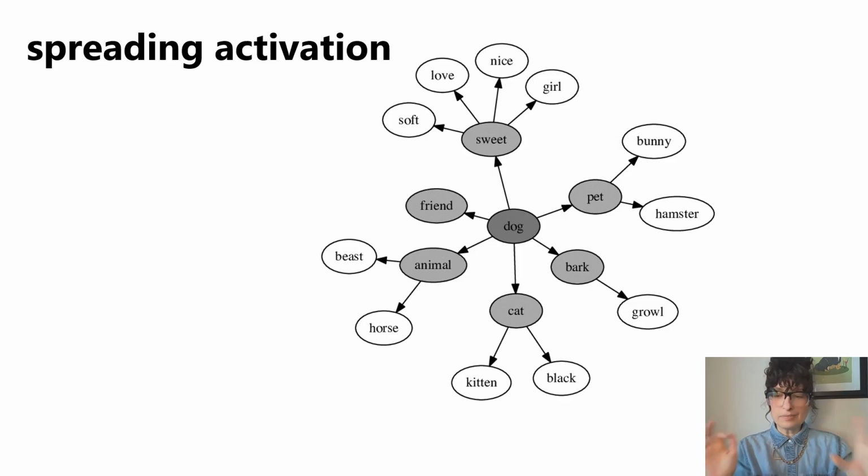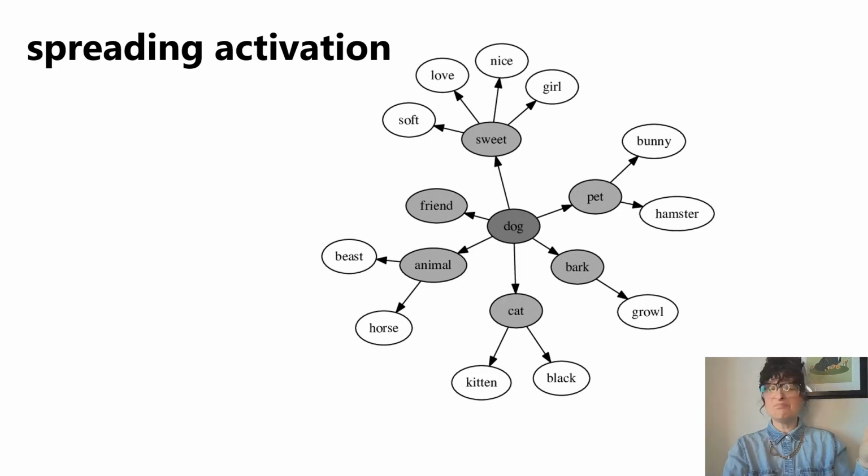All right, something that I need to explain before we talk more about priming is the idea of spreading activation. This is essentially the idea that the activation of one node or unit in a network spreads to nearby nodes or units. And this is the entire explanation for priming. You activate a concept like dog, maybe you present dog as the prime, and that activation is going to spread to nearby concepts like barks or animal or friendly.